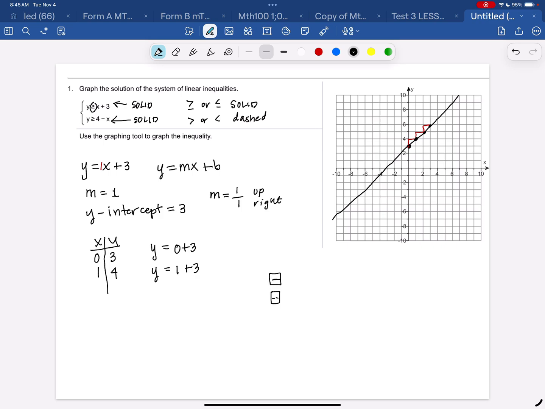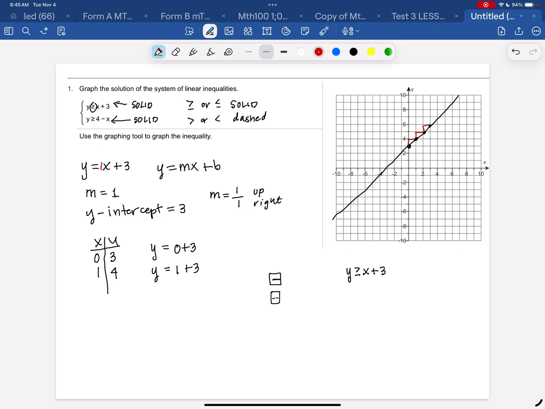Now I need to pick a point on either side of this line to determine where y is greater than x plus 3. So now I'm going to go back to the original inequality. y is greater than or equal to x plus 3. And I'm going to pick a point anywhere that is not on the line.